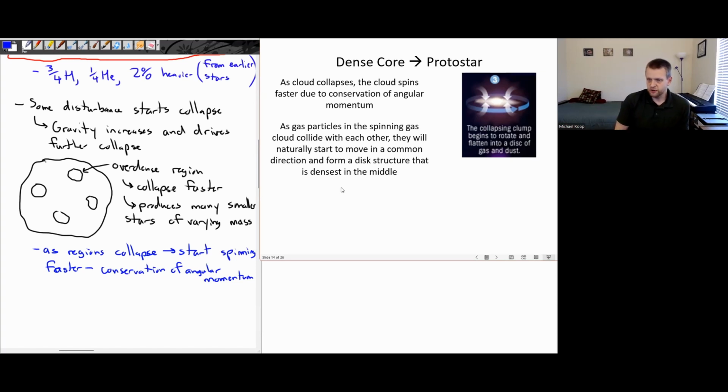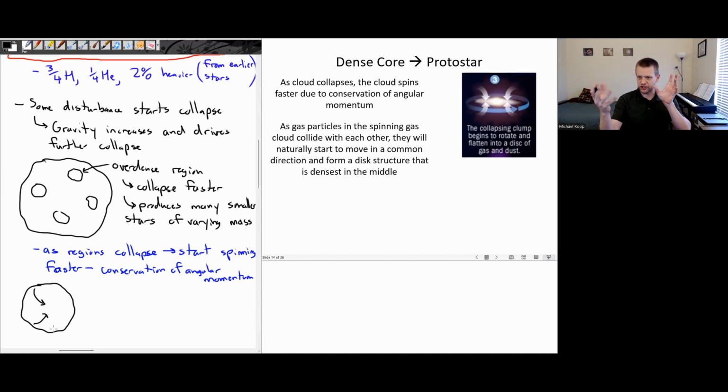That spinning material, if I have different clouds spinning in different ways, let me draw another diagram for this one. Let's say I have this cloud, it's starting to spin more and more, but let's say some of the material is spinning this way and some of the material is spinning this way. So there's an overall direction, but there's a lot of random motion mixed in there too.